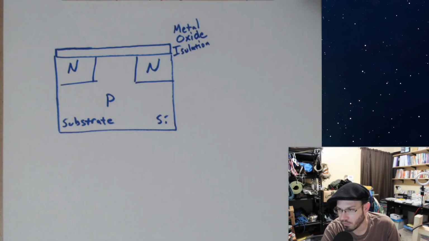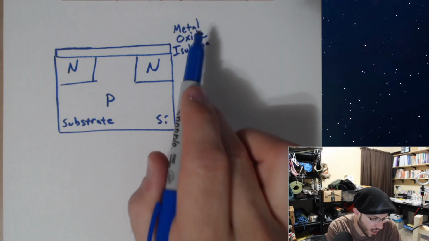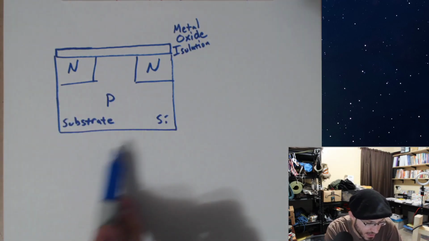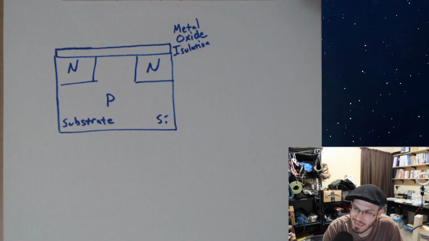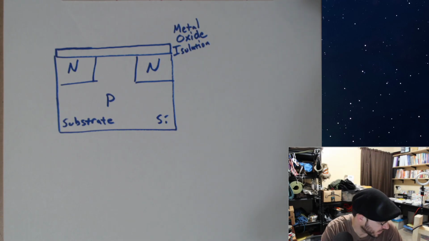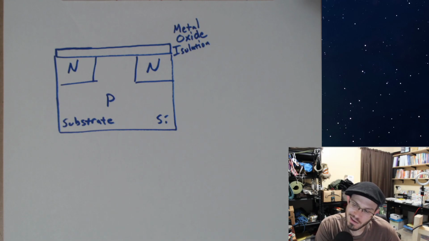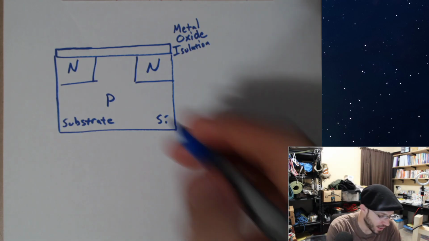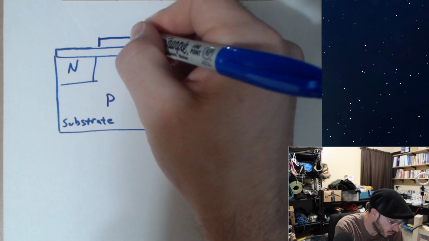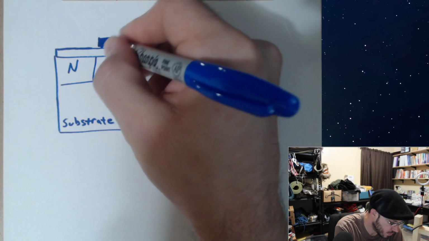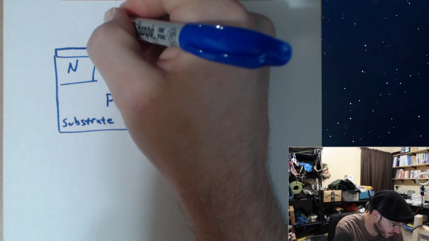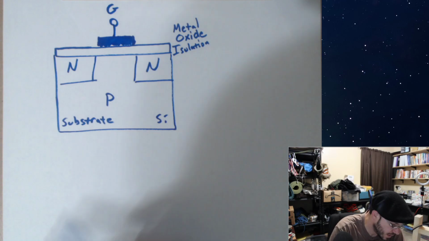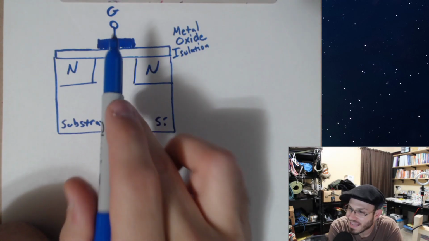Now, you think of metal as being conductive. However, when you grow this layer of silicon oxide on top of here, it is actually an insulator. It will not conduct. And so you now create a conductive material on top of this, and that is where you get the gate.